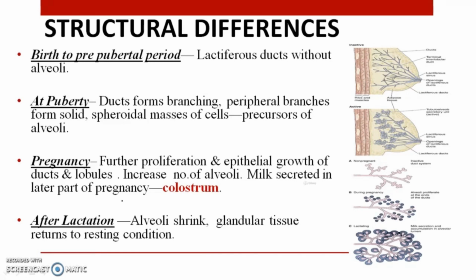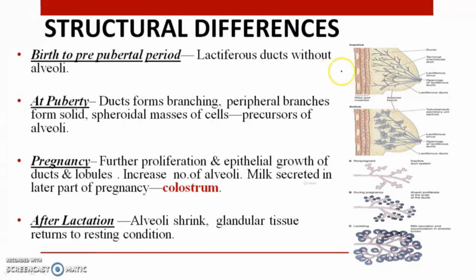You can make this out in the picture. In the first picture, you can see the lactiferous ducts radiating from outside to the medial part. These lactiferous ducts are seen only as ducts. No alveoli cover these ducts. This is the condition seen in children and also in women till the prepubertal period.